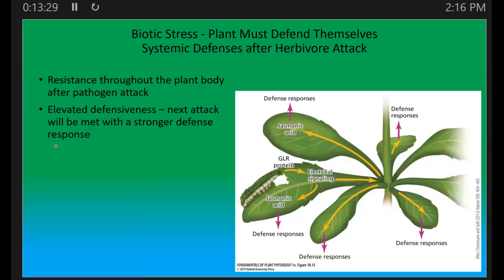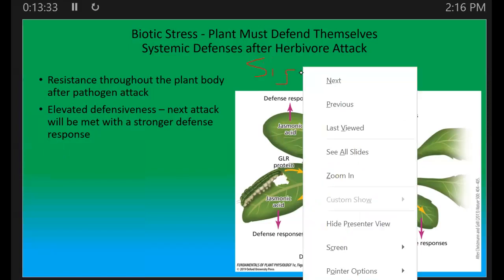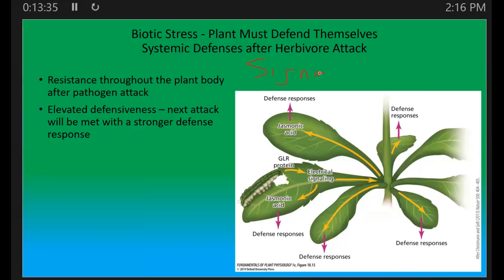Okay. And it's a multi-step signal cascade. So it's a multi-step process, and hormones tend to be toward the front of this signal cascade process, and they'll kind of kick it off.